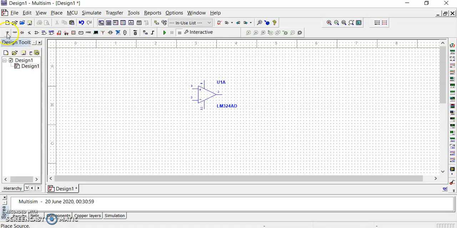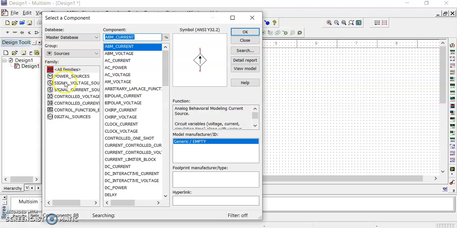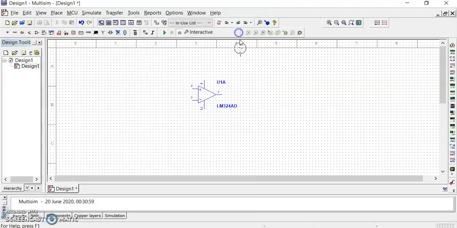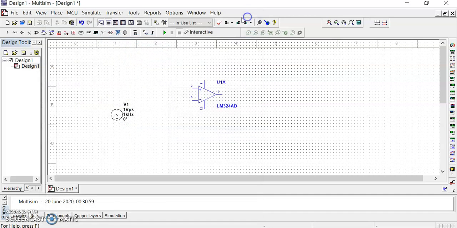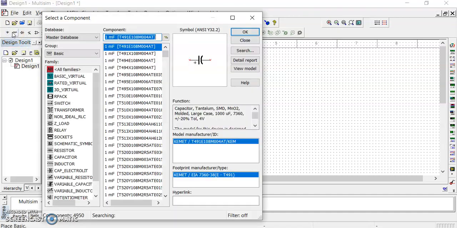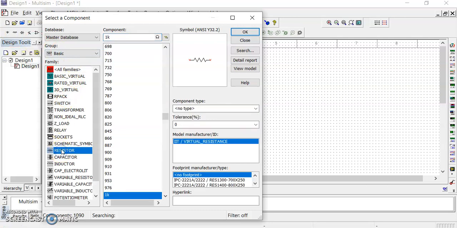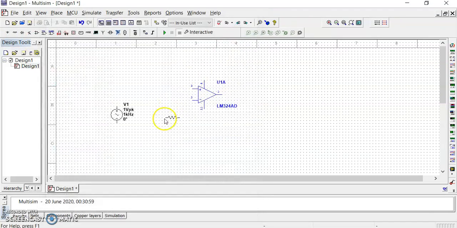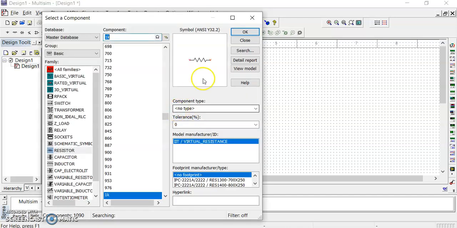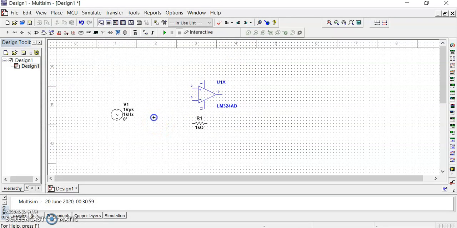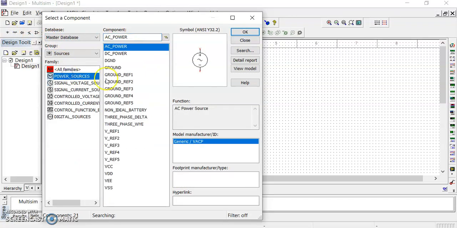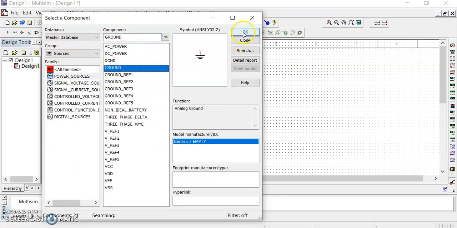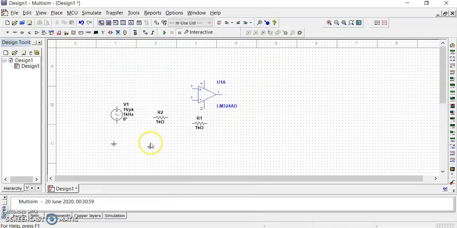For that I am getting the input signal voltage source and require resistors, 1 kilo ohm resistors, one more resistor, and grounds for the sources.